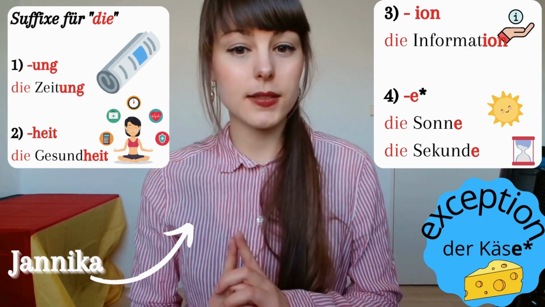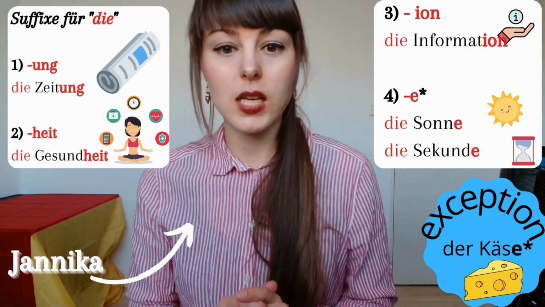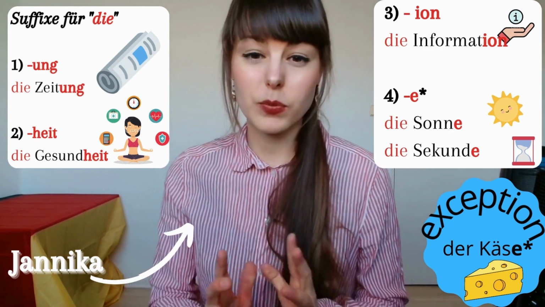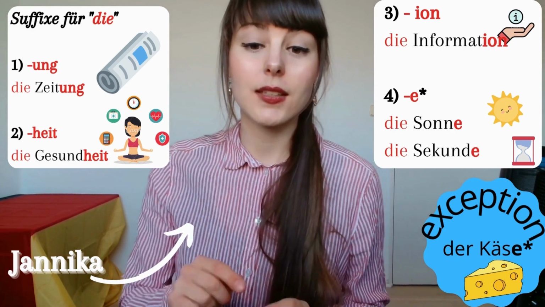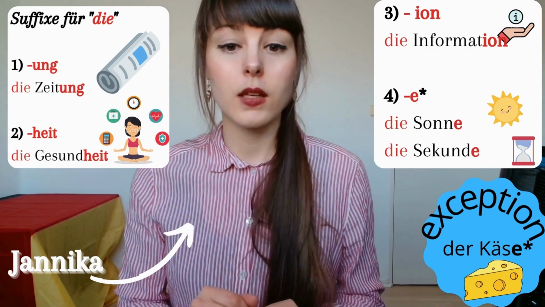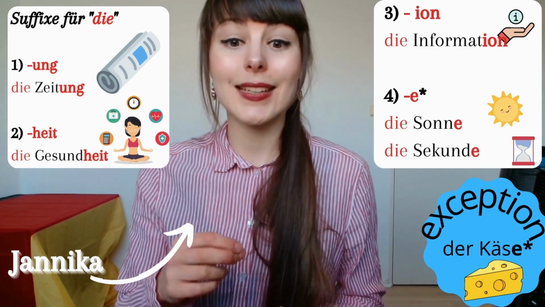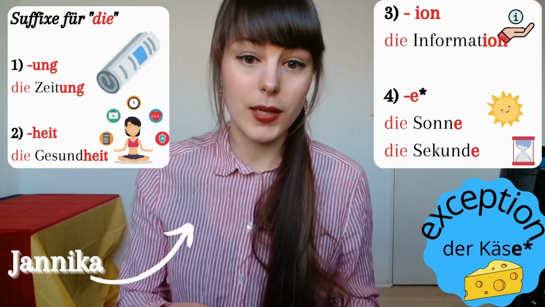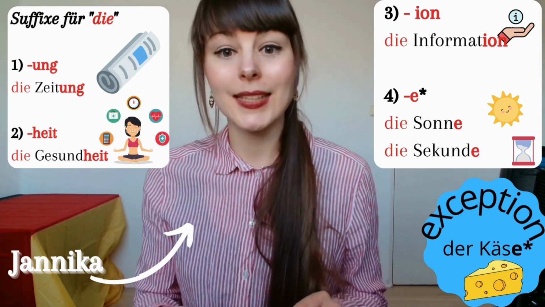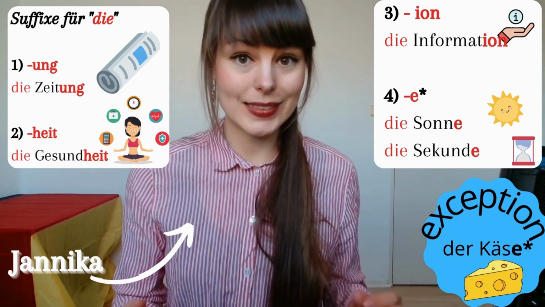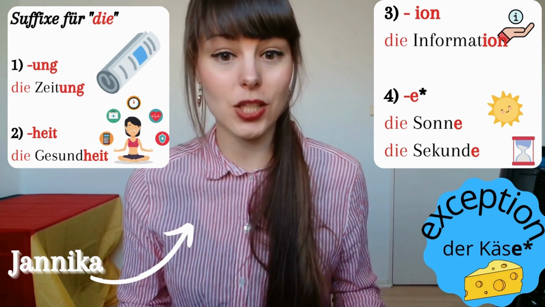And one really interesting suffix in many European languages is ion. All nouns in ion are female. Example: die Information, the information.